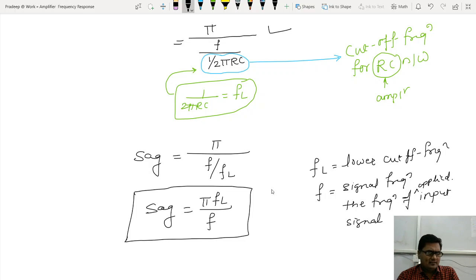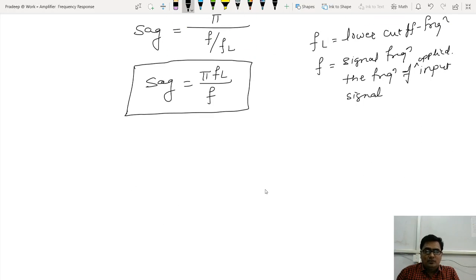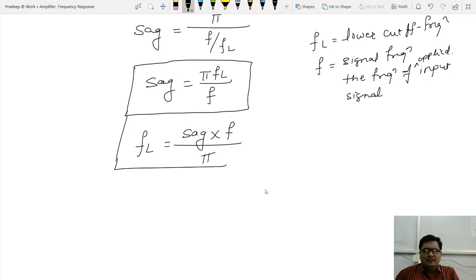You can rearrange the same equation to get the lower cutoff frequency. Let me rearrange this. Lower cutoff frequency fL is equal to sag multiplied by frequency divided by pi. That is what my sag is.